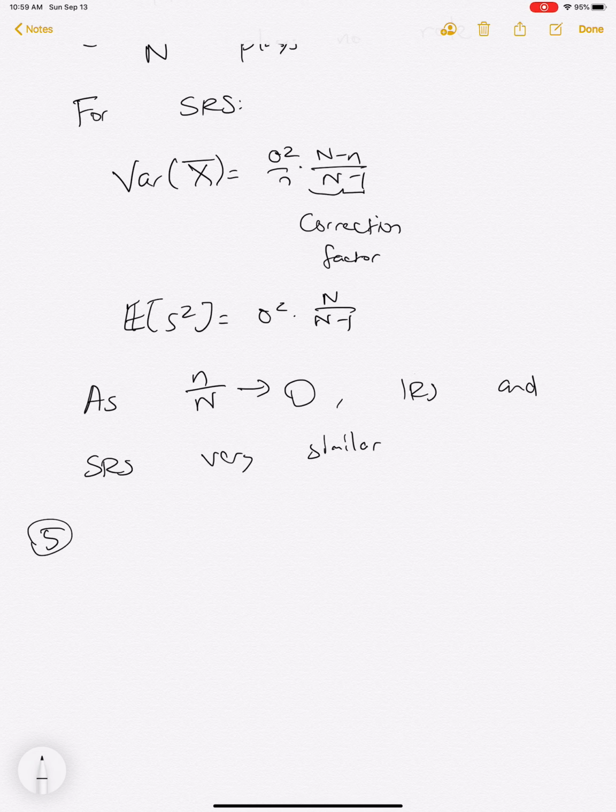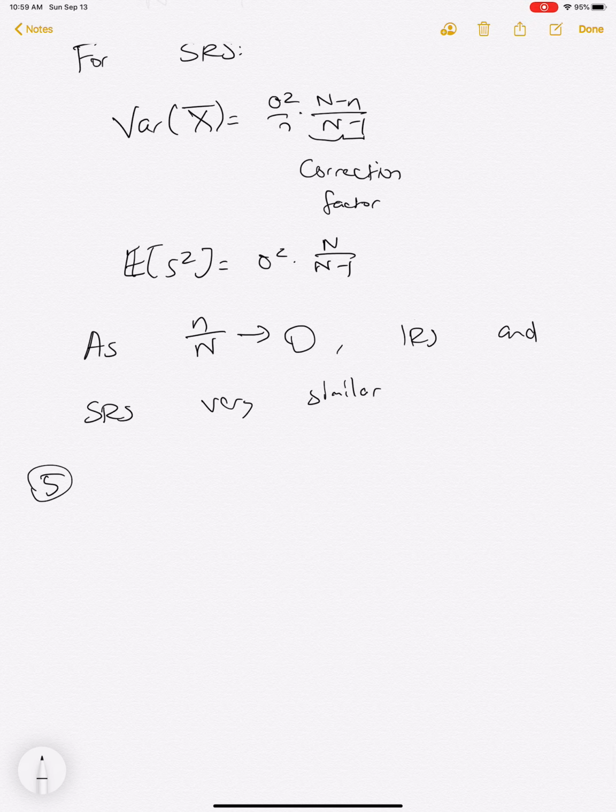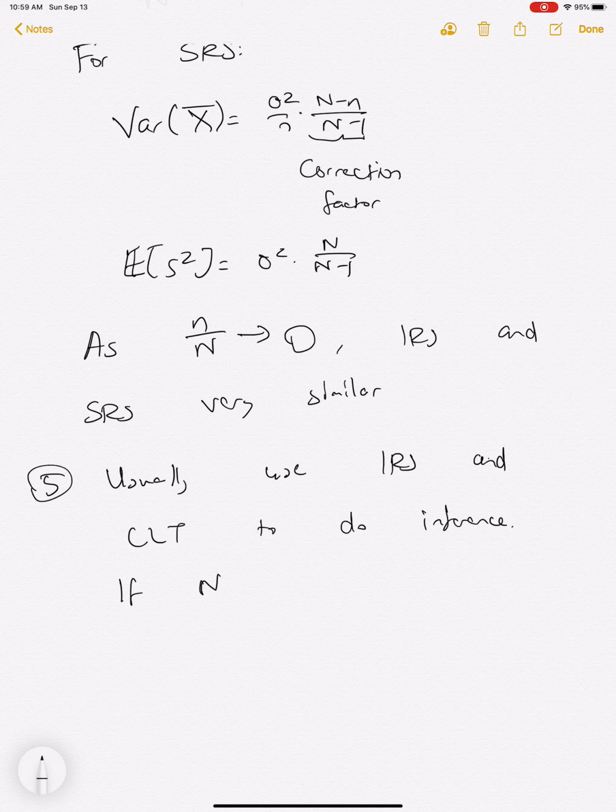And then when we do inference, if n is close to N, we need to be more careful.